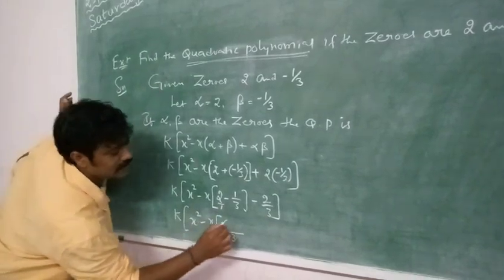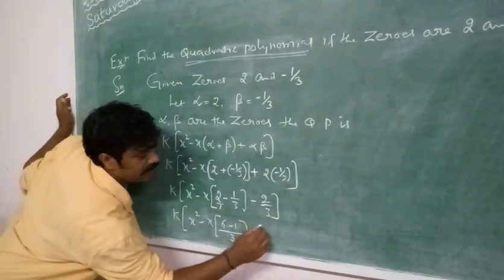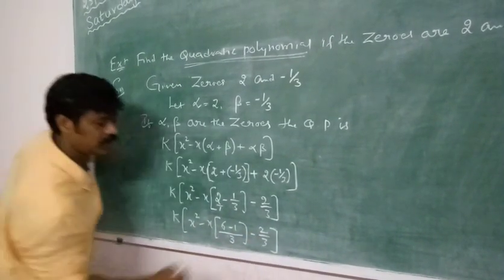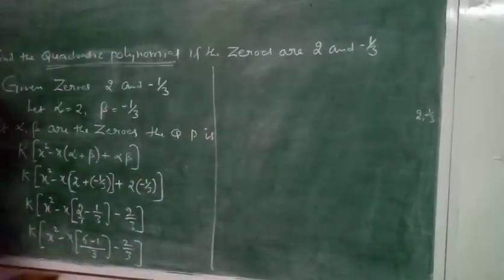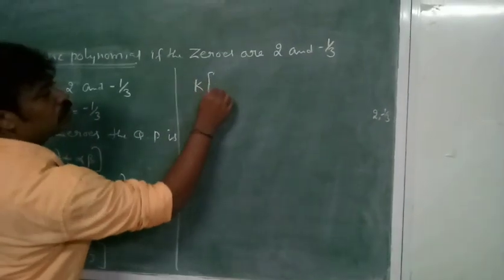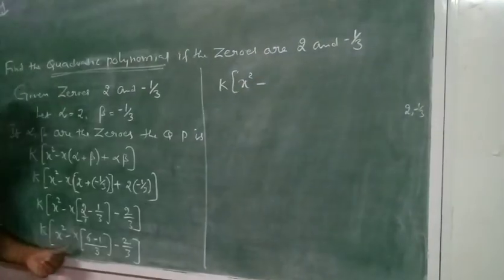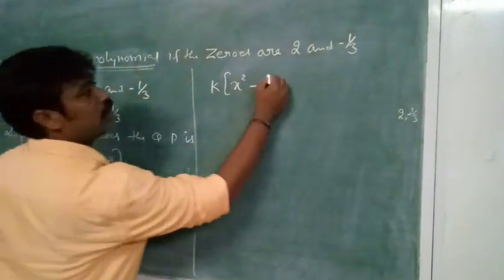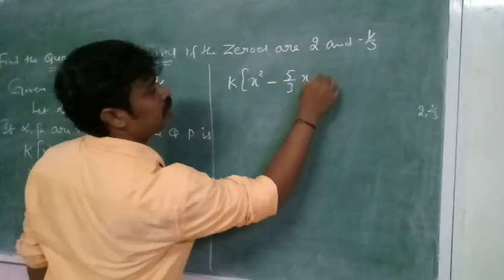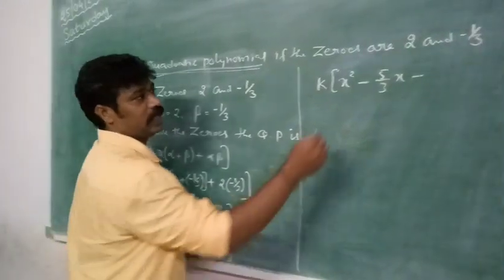What will you get here? 6 minus 1 with minus 2 by 3. Now again we can write it as k into x square minus, 6 minus 1 is 5, so 5 by 3 into x, again minus 2 by 3.